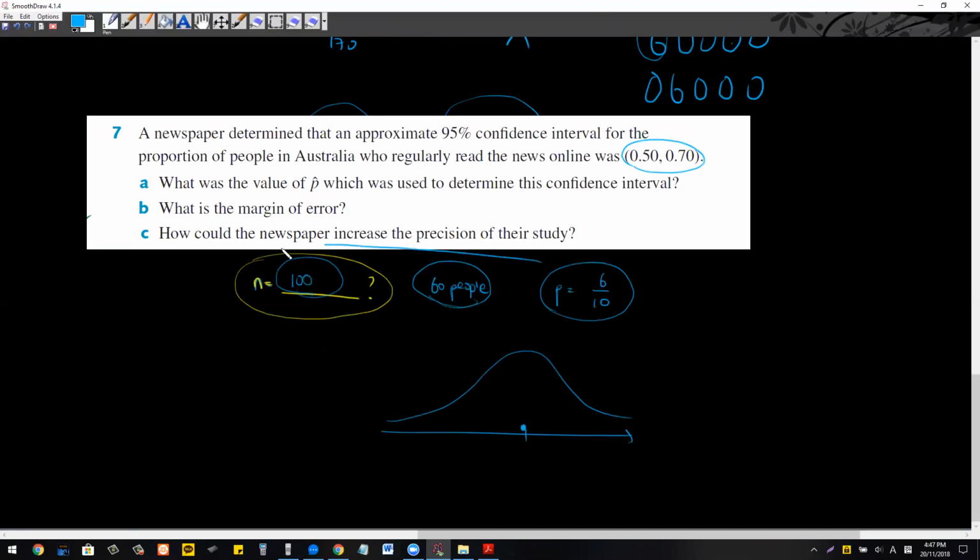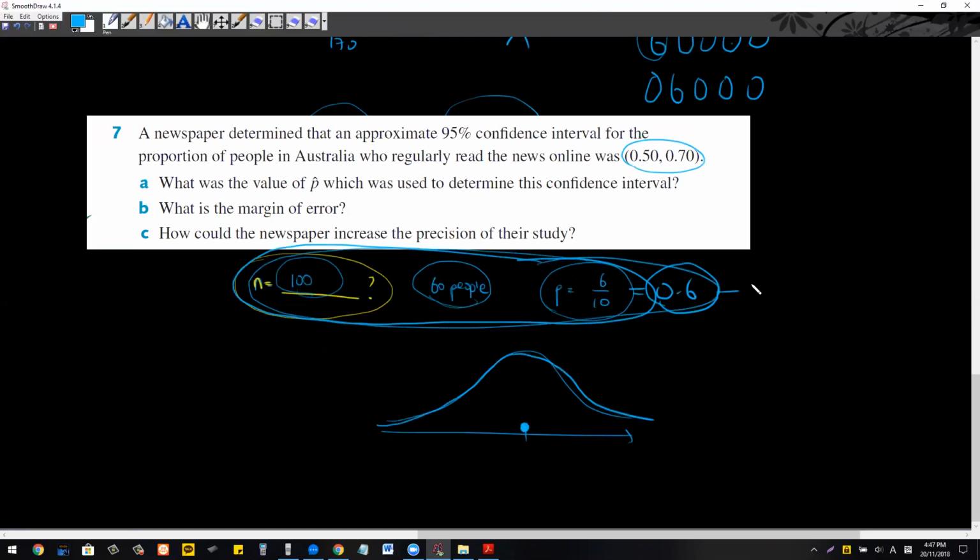From this single survey, 100 people were involved, and this gives you 0.6, and that is a single answer. Now the question is, how do you get a distribution like that? Because this one here is just one data point.